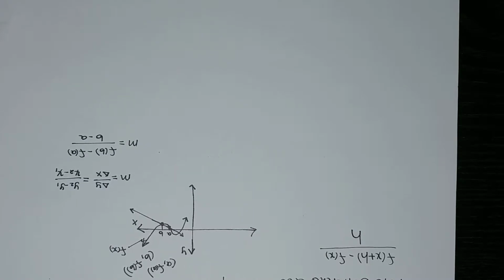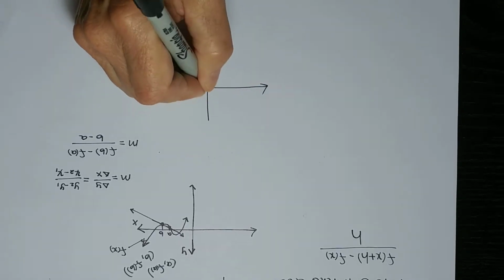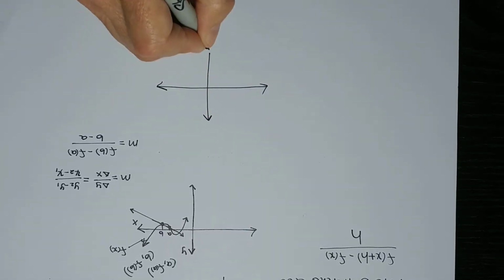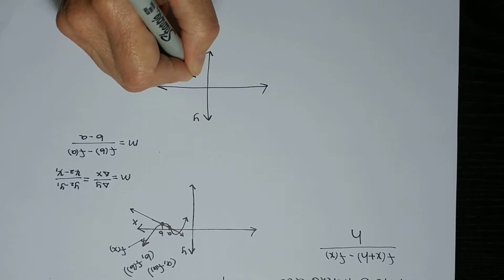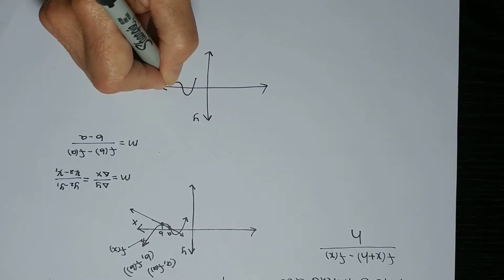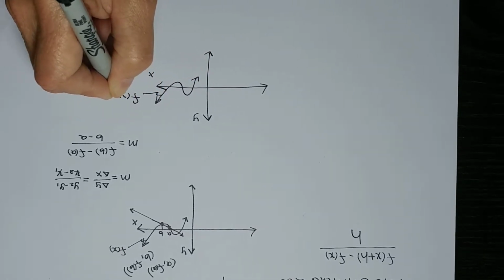Now I'm going to redraw this picture and rename the same elements slightly differently. So here is my x-axis, and here is my y-axis, and here is my function. This is f of x.